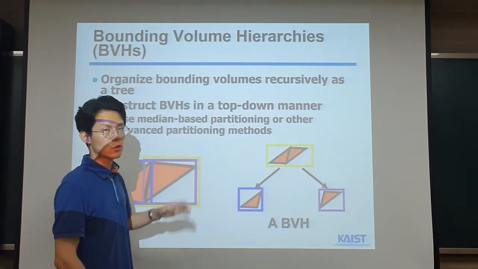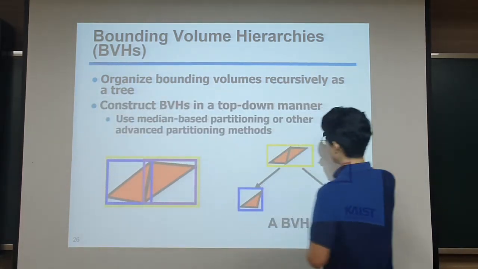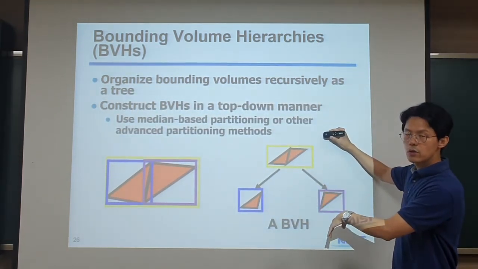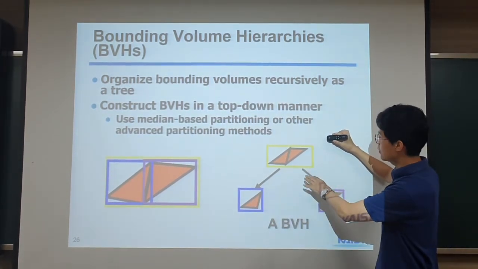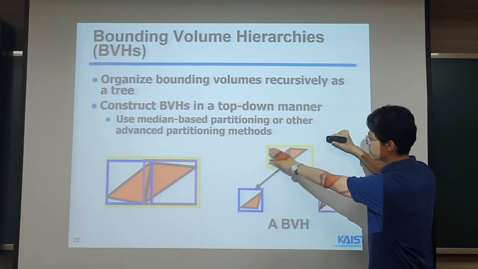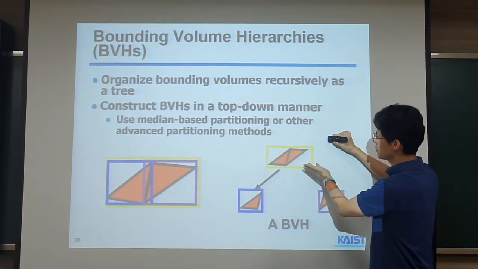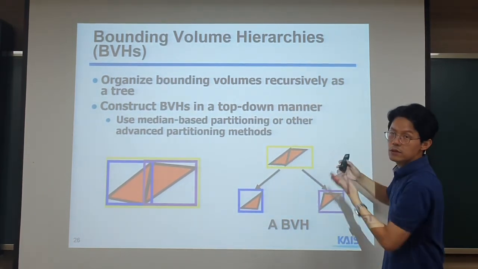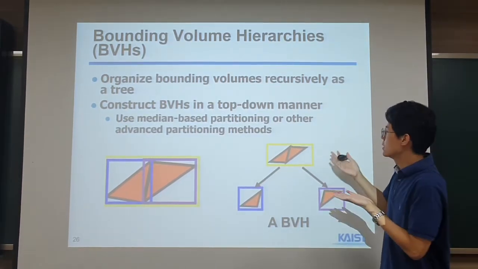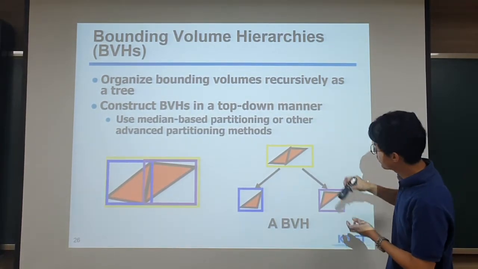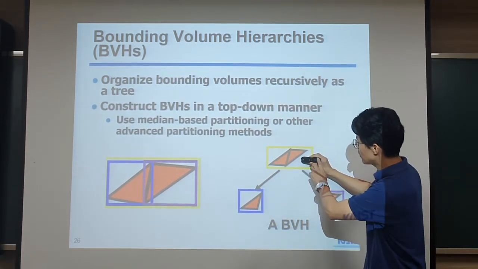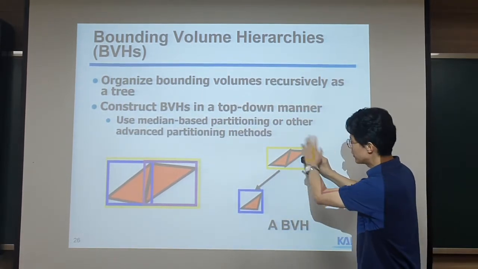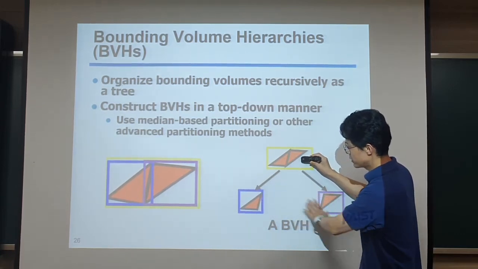Once we build this bounding volume hierarchy, then for collision detection we first traverse this hierarchy. At the first step, we check between the object and the root bounding volume. If there's no collision between this bounding volume and the object, we stop the traversal. It means we don't have any collision. But if we have a collision between this bounding volume and that object, we refine it into two child bounding volumes, here and there.